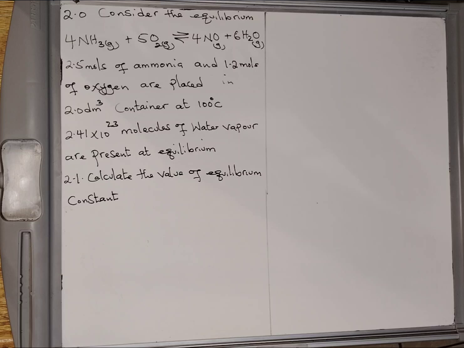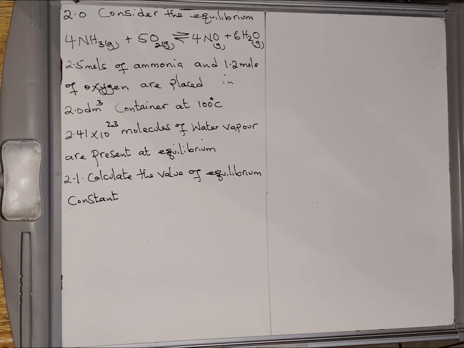Today we are looking at this question. It says, consider the equilibrium between ammonia reacting with oxygen to give you nitric oxide and water. 2.5 moles of ammonia and 1.2 moles of oxygen are placed in a 2 cubic decimeter container at 100 degrees Celsius.